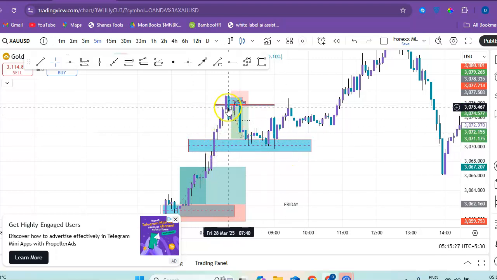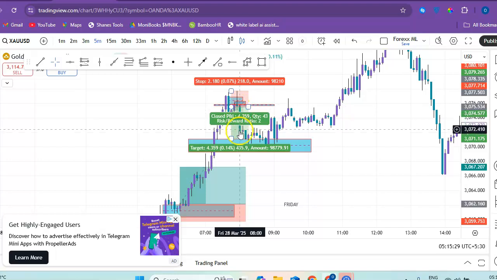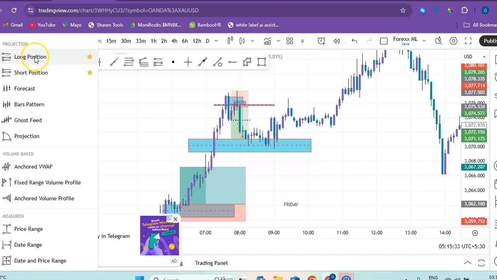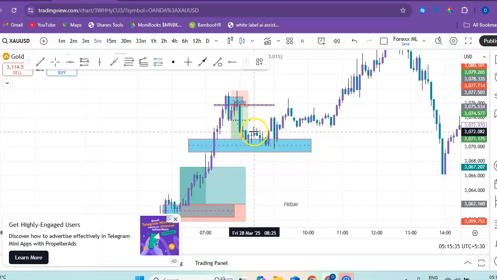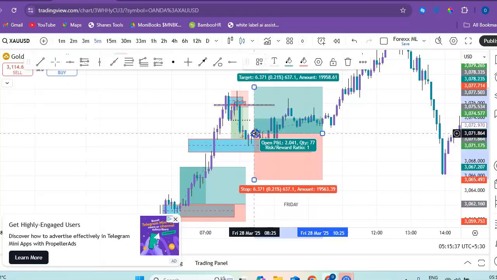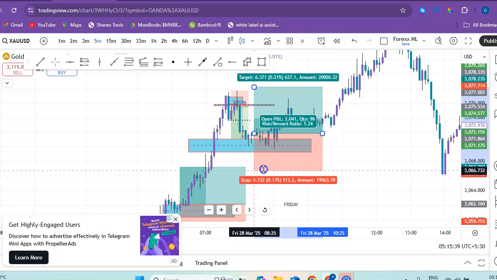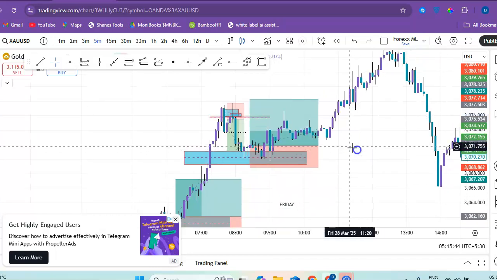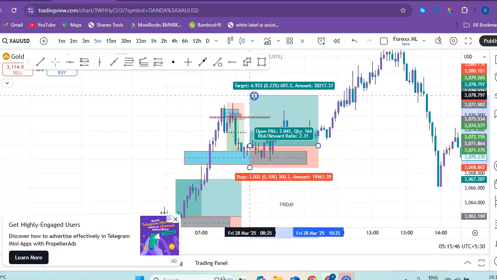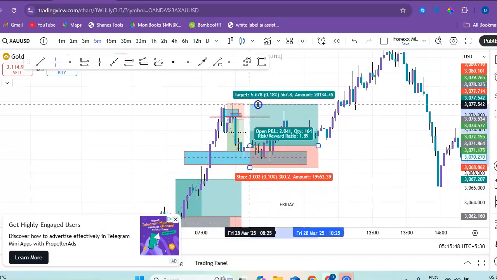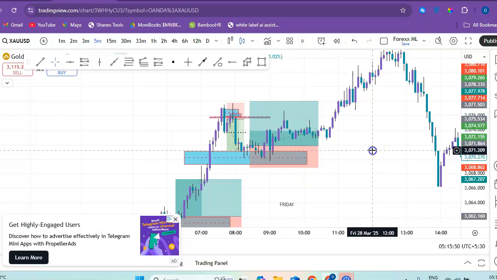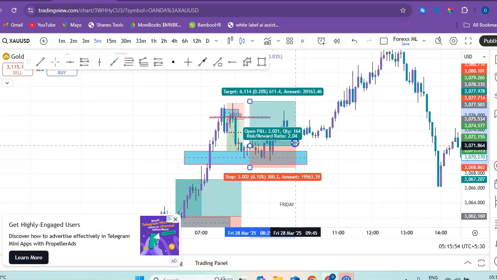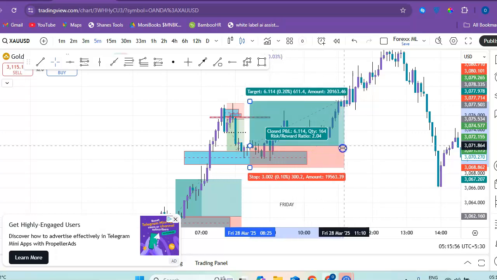Market went above the fair value gap, then came back to it. As soon as it got rejected, let's say it first got rejected here, I took the trade here, put my stop loss below the fair value gap, and targeted 1:2. You can see the market fluctuated a little bit, but ended up hitting my take profit.